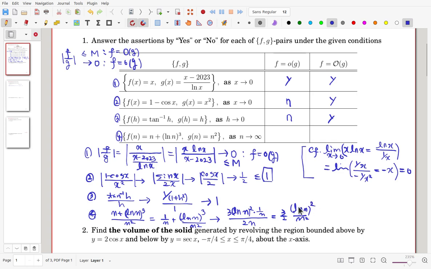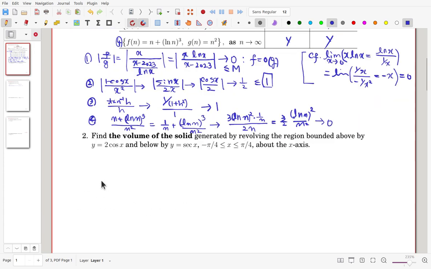But we already know that log n and n, n grows much faster as n approaches infinity, so that is approaching 0. It is approaching 0, so it is in little o, and so that is yes, and for big O we can say it is automatically yes, right?